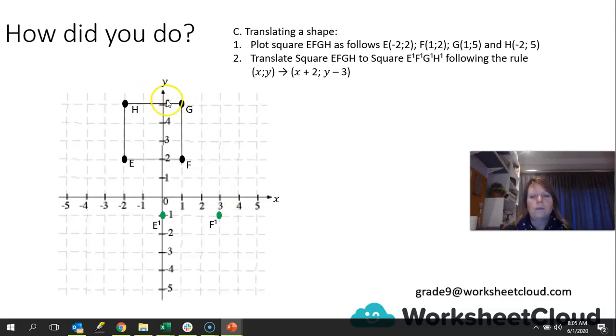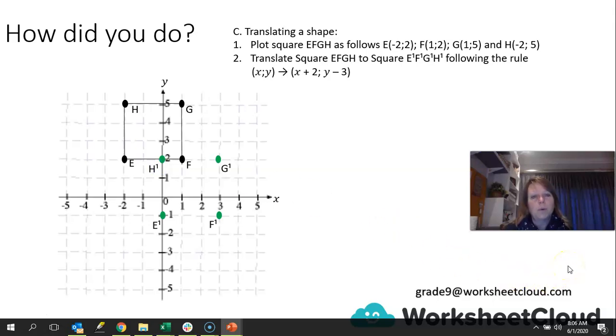Then let's do G. G is plus 2 for the x, 1, 2, and y is minus 3, 1, 2, 3, and there we go. And then the last one, H. As you can see, it's going to overlap with our original square, but that's quite fine. So it's 1, 2, we end up on the y-axis, and going 3 down, 1, 2, 3, gives us the point H1.